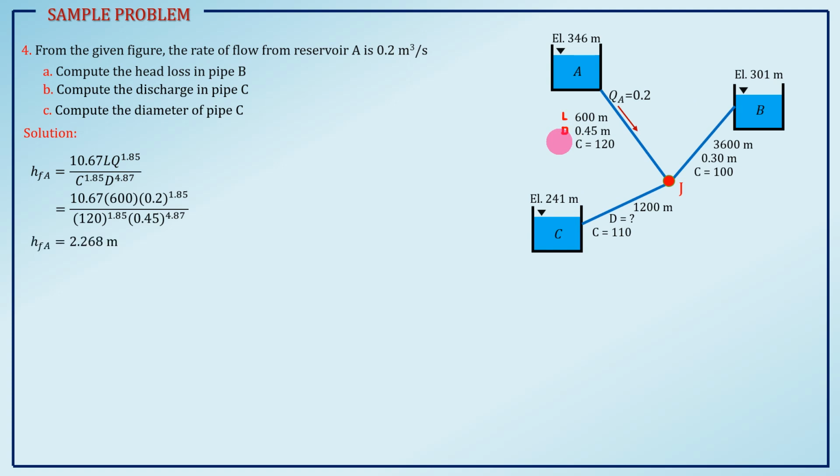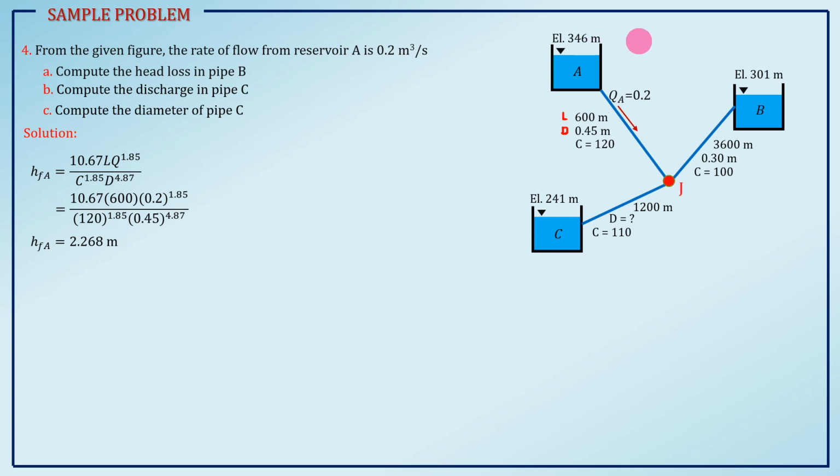D is 0.45 raised to 4.87. Simplifying, HFA is equal to 2.268 meters. That is the head loss in this pipeline going to junction J.